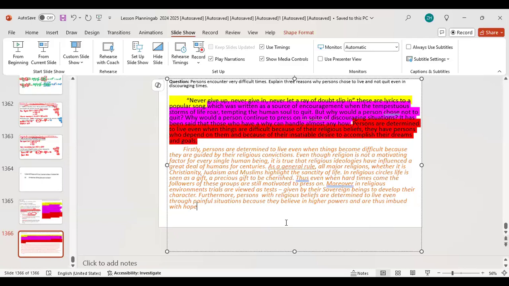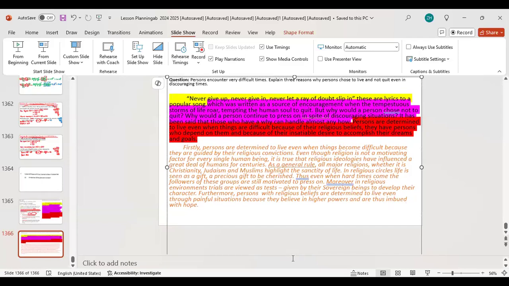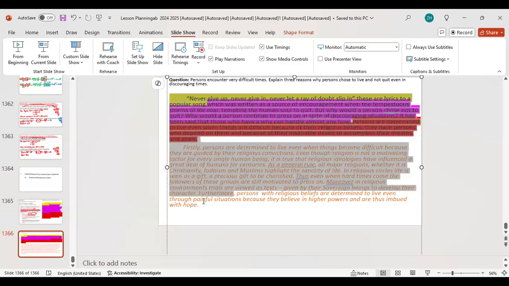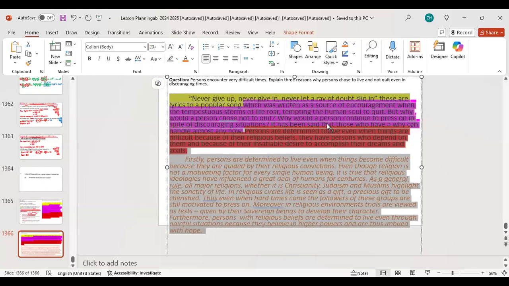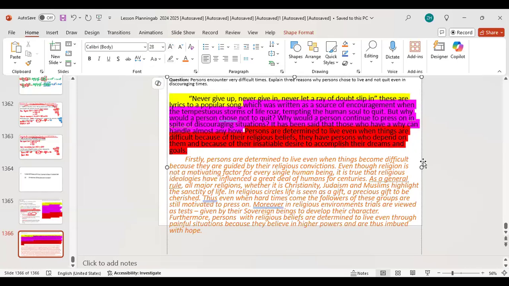Hope and faith, right? Because of their belief in whichever God they choose, they have hope because they say, listen, it's just a rough patch, but things are going to get better. So they would press on through difficult and discouraging situations because they believe things are going to get better, right?